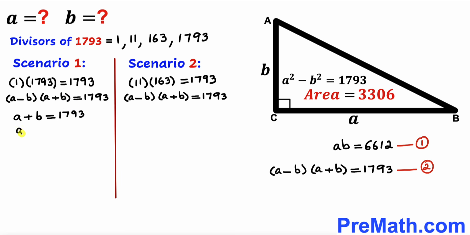Likewise, we compare the two equations in scenario 2, where a minus b is 11 and a plus b is 163. So we can write a plus b equals 163 and a minus b equals 11.